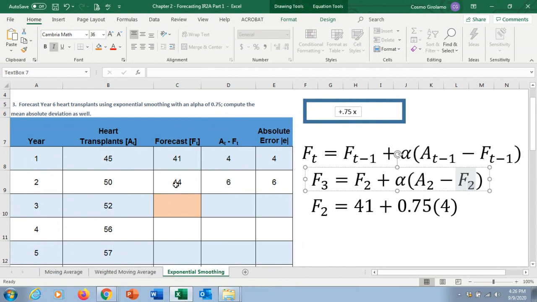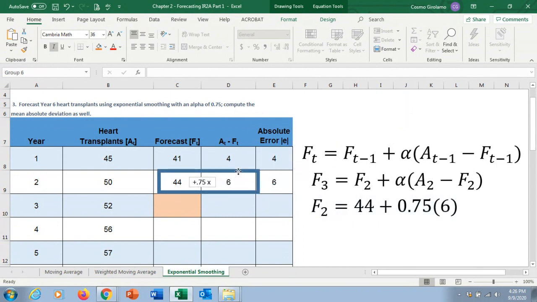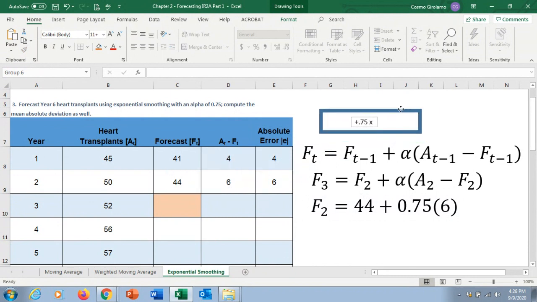I'm going to start with what happened in time period 2, which is 44. The alpha stays the same throughout. It's always going to be 0.75. And A2 minus F2, in this case, it's 6, which I read right off the table. So in order to predict this, it's 44 plus 0.75 times 6.